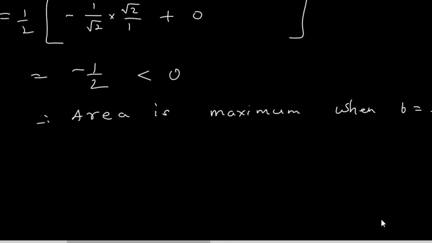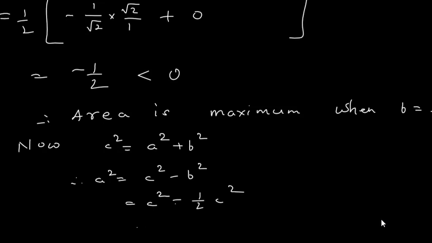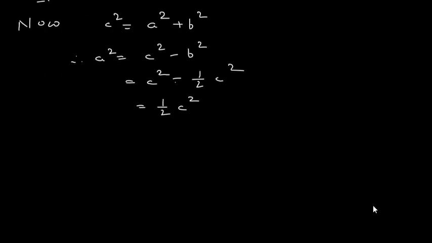Now c square is a square plus b square, right? So therefore I will say that a square is c square minus b square, which is equal to c square minus 1 upon 2 c square, which gives me half c square. So from here I will get a is equal to 1 upon root 2 times c.